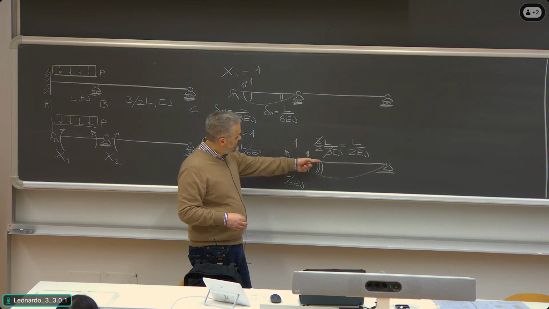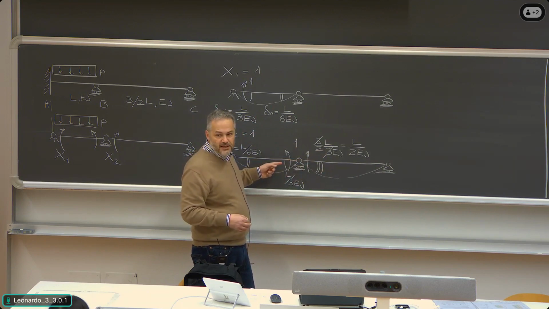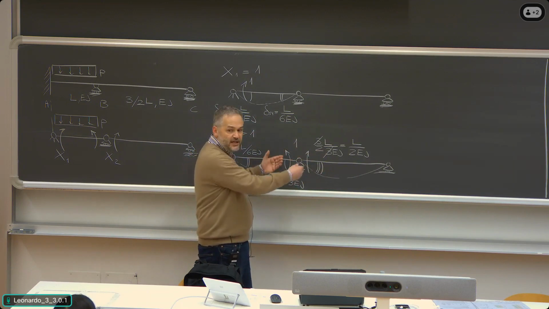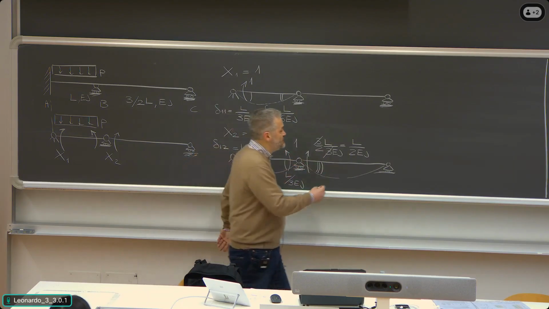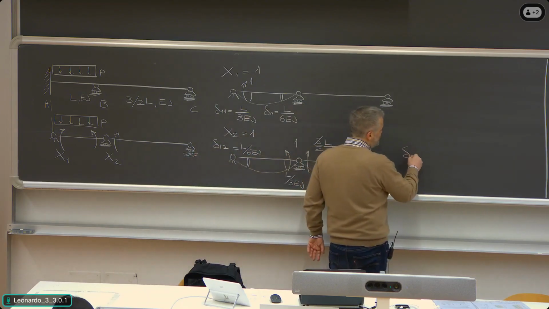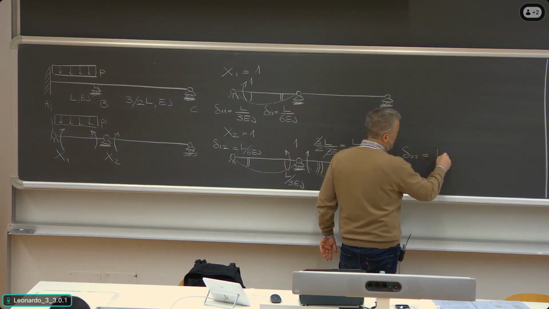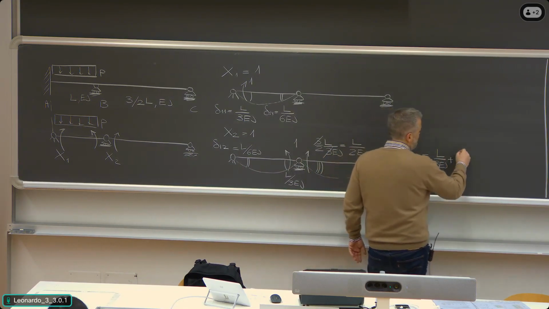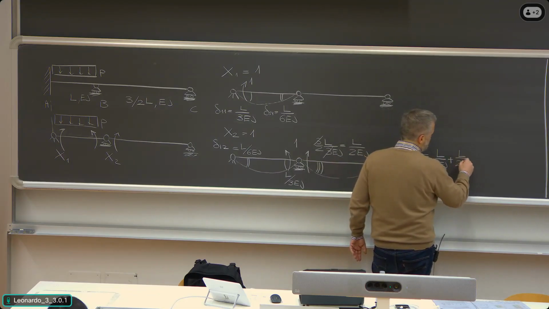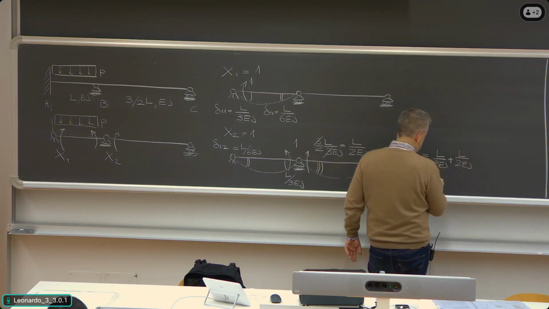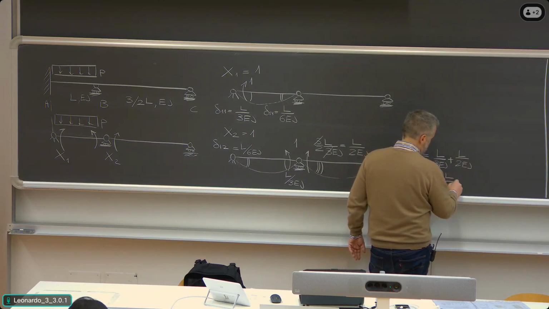As you see, the angle, which is initially 180 degrees, becomes larger because of both contributions. So the delta 2,2 is then the sum of L divided by 3EJ plus L divided by 2EJ, and this is 5L divided by 6EJ.